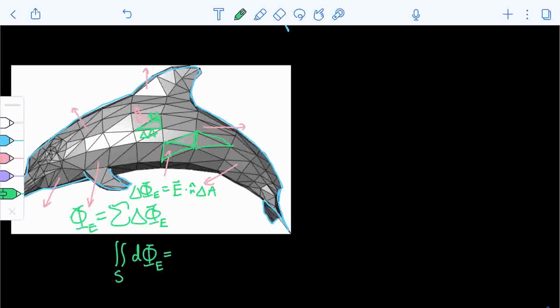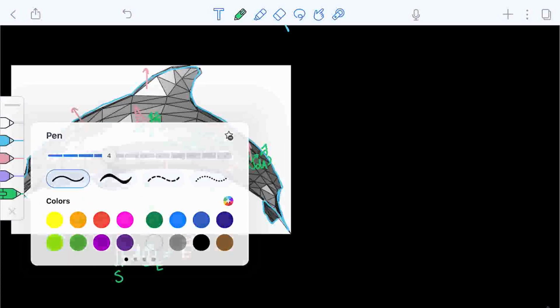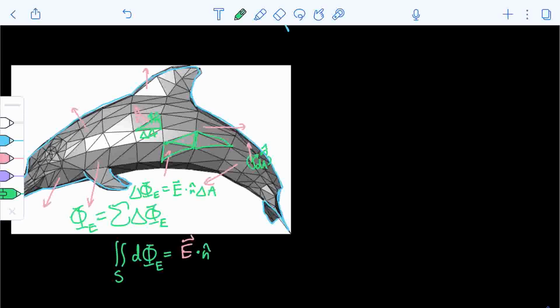And these little pieces of electric flux are, if you have a little piece, a little area of the surface area, so if we have a little dA, then we find the electric field across this area. We find the unit normal vector for this tiny area, and we find the area of this little tiny area. And then we do the E dot n hat dA.